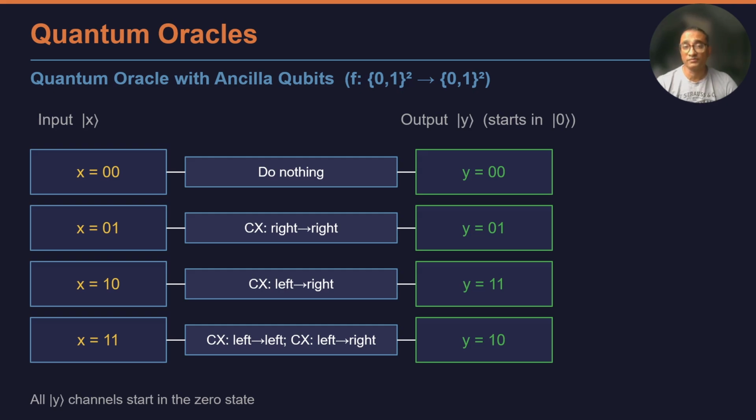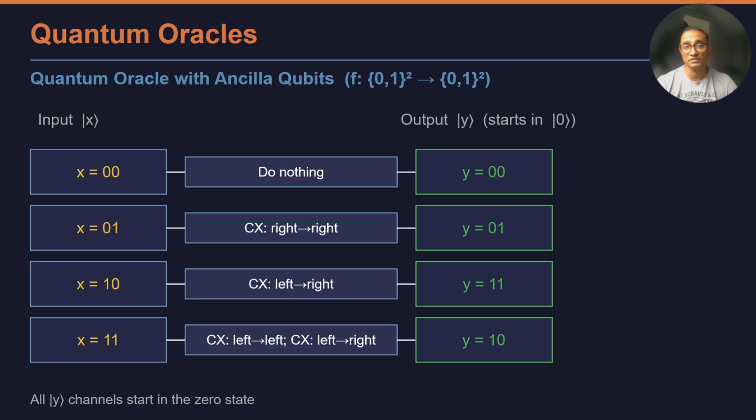When we go to 0 and 1, there is still no change, because we make changes based on the input bit. So if the input is 0, no changes should occur, and we just go with the same output. But in the case of 1, 0 and 1, 1 as input, pay special attention to what happens there.